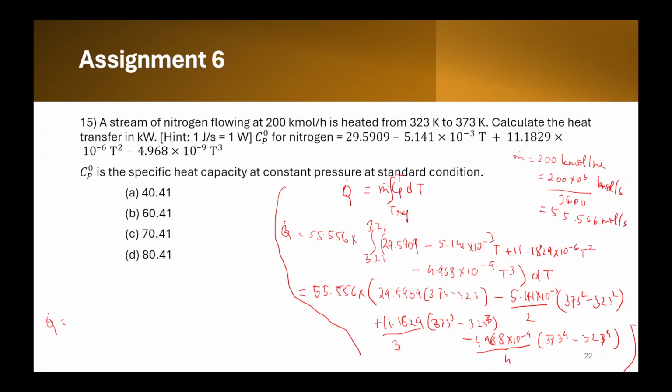So 55.556 into 29.5909 into 373 minus 323, that is 1479.545.